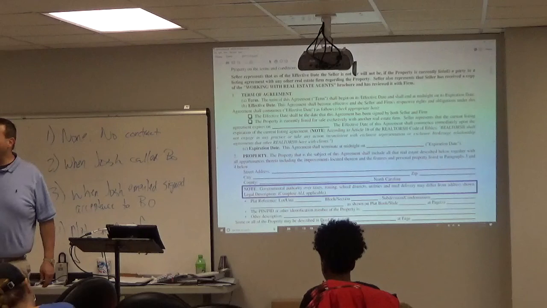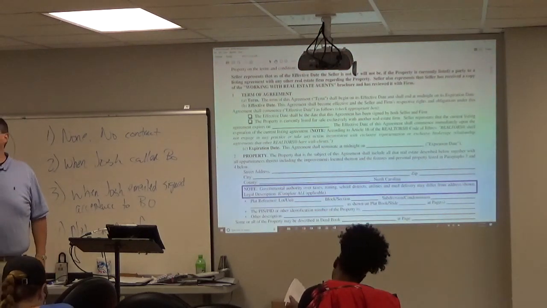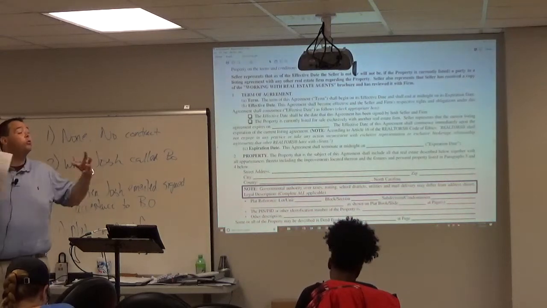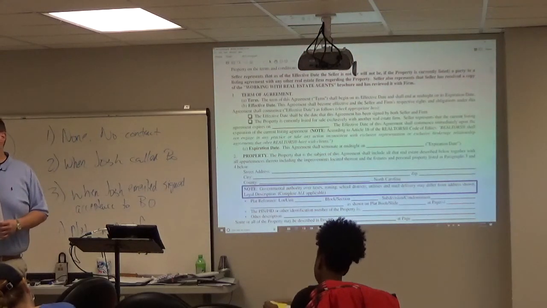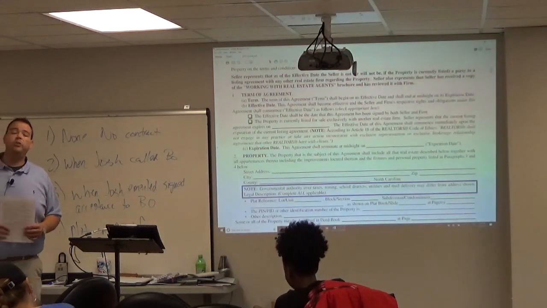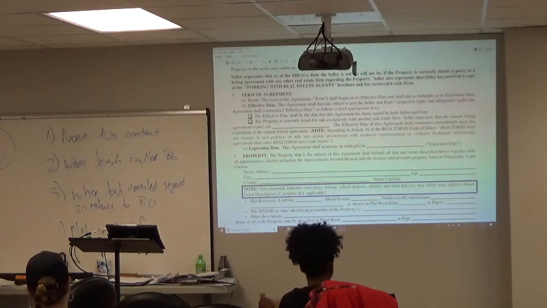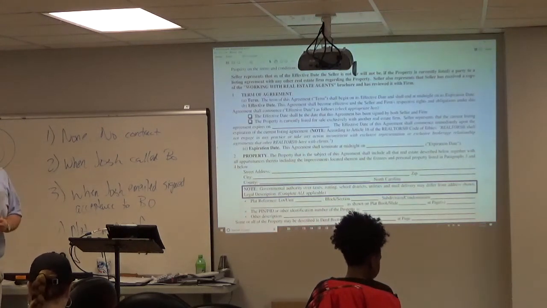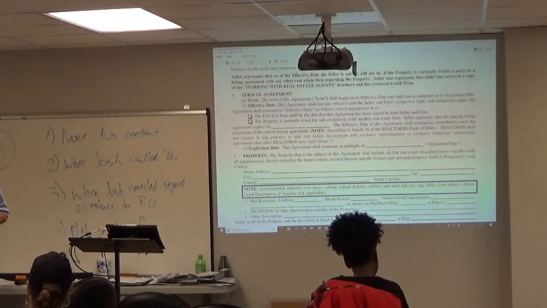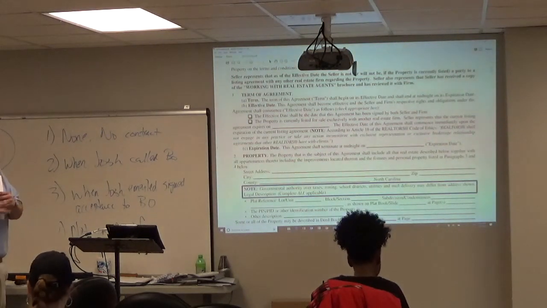So it's going to outline when the seller owes the listing firm a commission, for what reason the seller would owe the listing firm a commission. Does that make sense for everybody? And so the expiration date becomes really important, because the seller only owes us a commission if we sell it during what period of time? While the agreement's in effect.